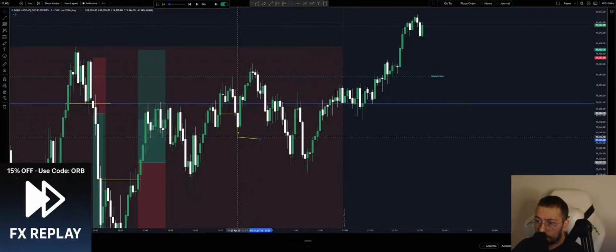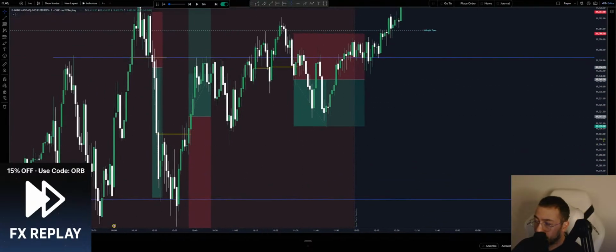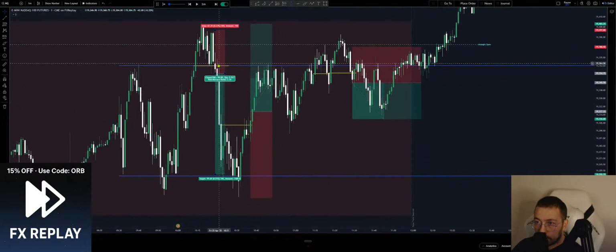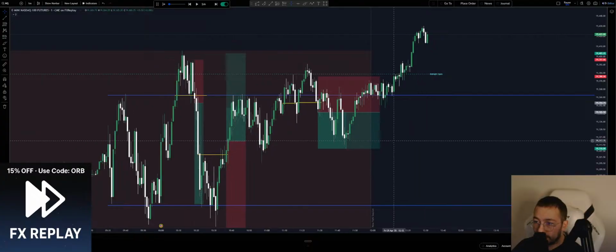Let's see, we have an inversion here. Price inverted this fair value gap. Stop order here, your stop is here, and then 1-to-1 hit.